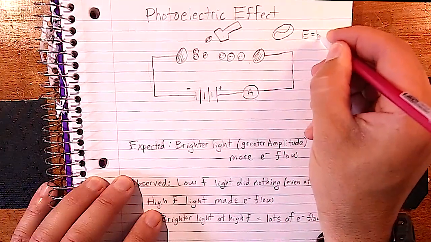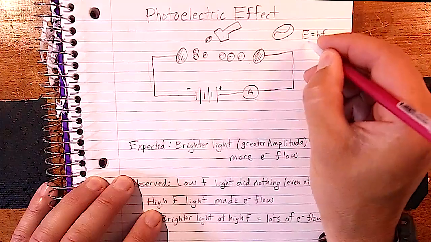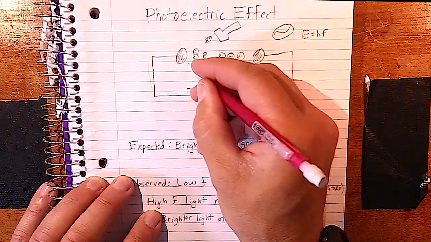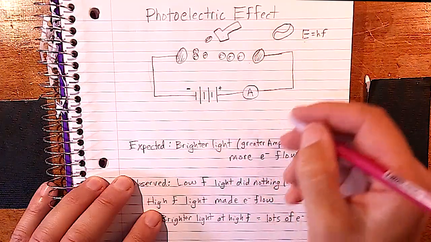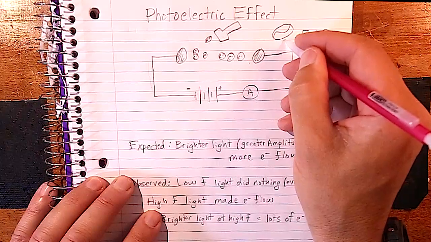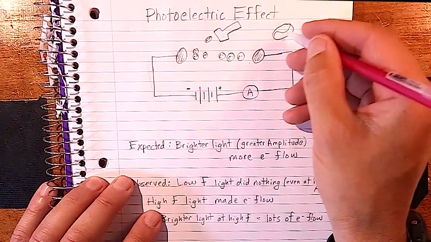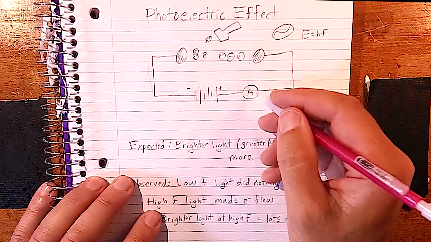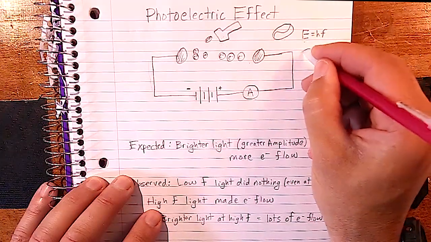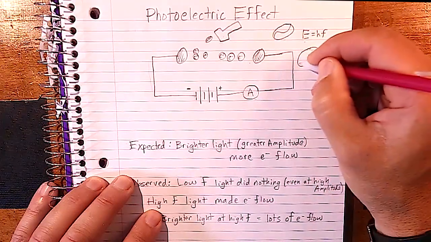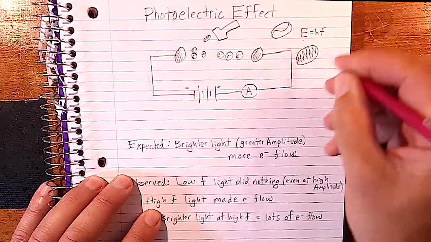So now he's saying that the energy, just like Planck, is too low to knock off an electron. Even if we put lots of them, it doesn't help anything because there's not enough energy to knock the electrons off. But then he says if we get the photons to have a high enough frequency, then they can knock them off.